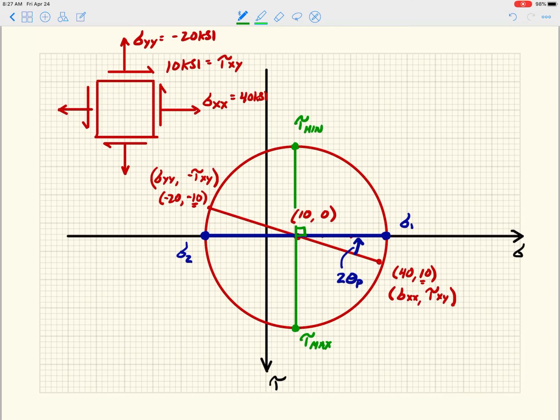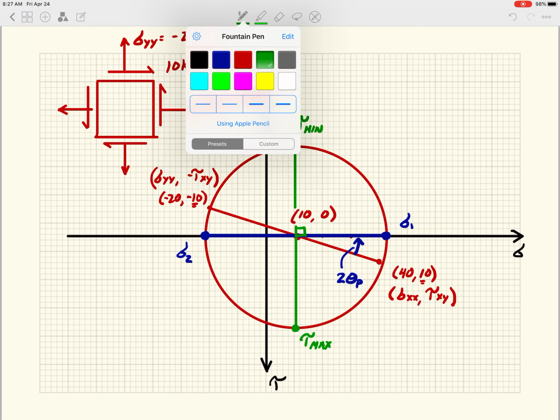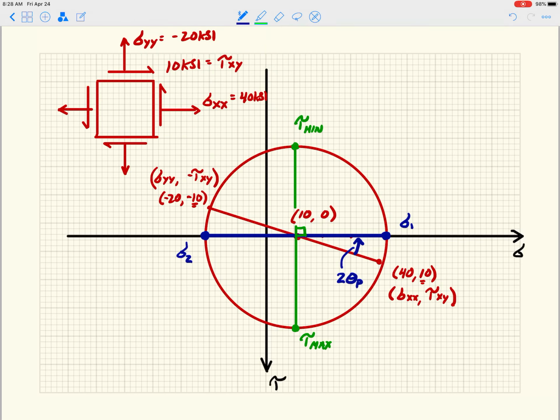Okay, so then the last thing we've got to do here is to calculate the radius of the circle. And we can do that. This side here, for this particular situation, is 30 ksi, and this one here is 10 ksi.